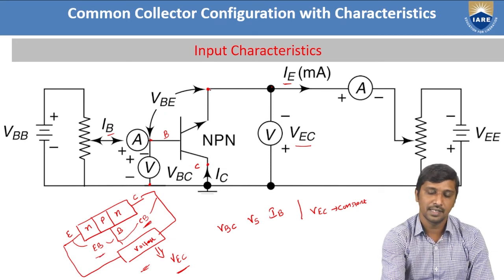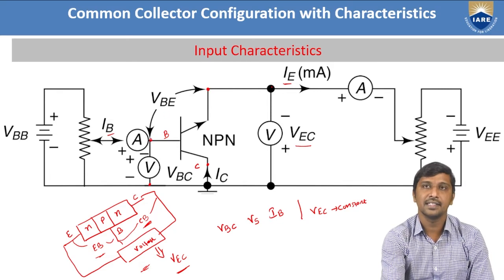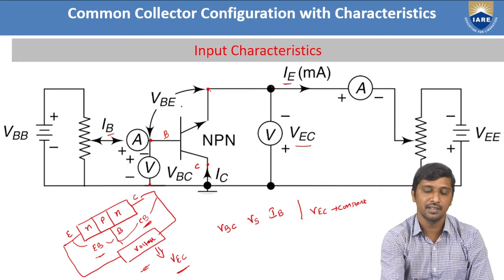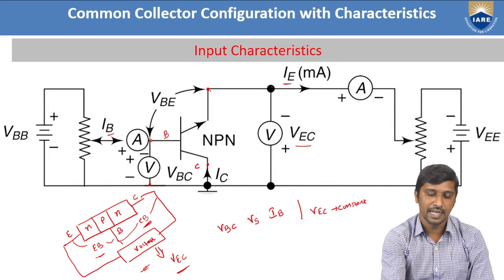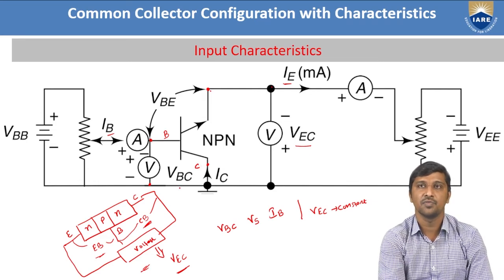So one junction is formed between base and the emitter node, and that potential difference between base and emitter is represented as your VBE. Similarly, another junction is formed between this base and this collector, and we need to measure a potential difference between these two terminals, base and collector, that is represented as your VBC.